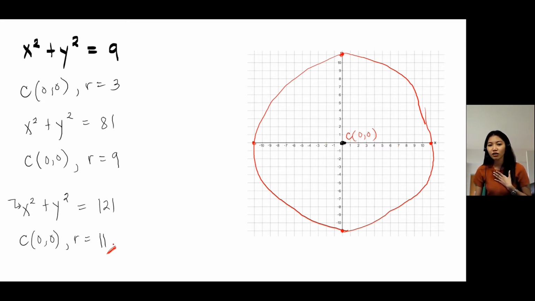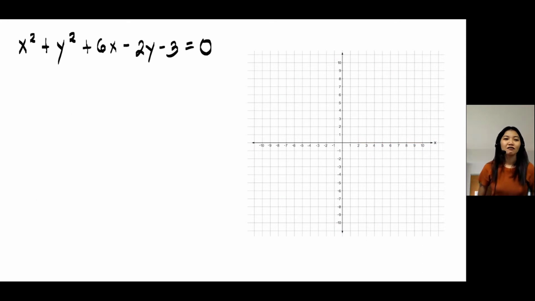So if we have r is equal to 11, count 11 units, then connect. Okay? So label, again, don't forget to label from the center up to this point or to any point on the circle. That will be the radius, and the radius is equal to 11.